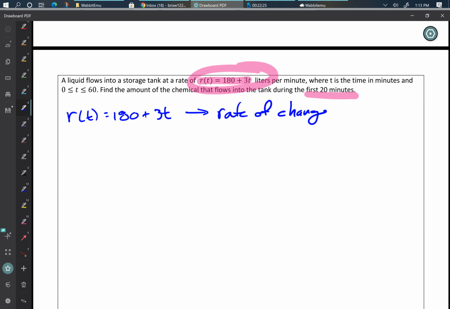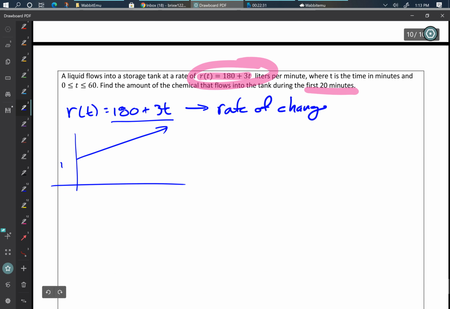If we take a quick look at what's going on here, 180 plus 3t is a linear function with a y-intercept, or in this case an r-intercept, of 180. And they want us to define the amount of chemical that goes in between time t equals 0 and t equals 20. So we're finding that piece right there.